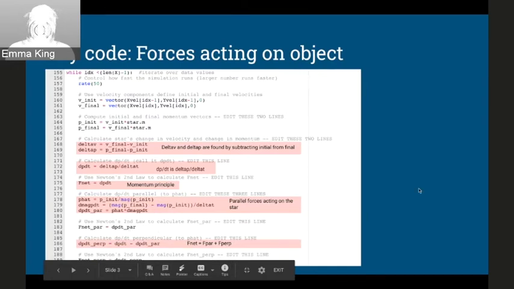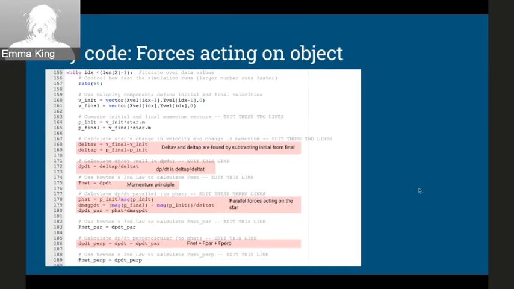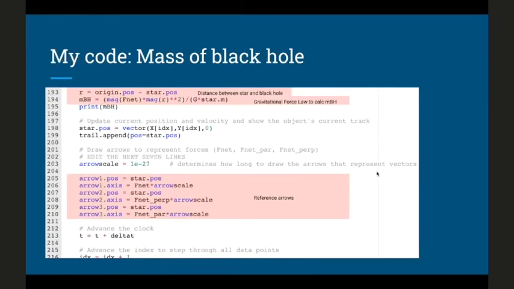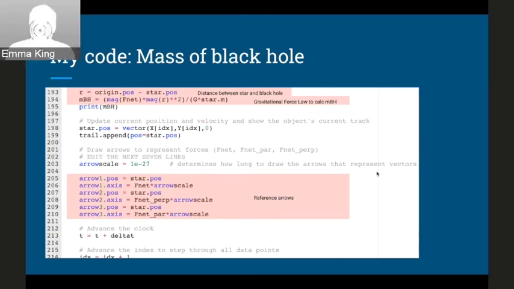And then since we know that F net equals the parallel forces plus the perpendicular forces, because they add up together to give you F net, you can subtract the parallel force from the net force, and it gives you the perpendicular forces. And then from this, we use the gravitational force law to calculate the mass of the black hole. So you have R, which is just the position between the star and the black hole, which is origin minus star position.